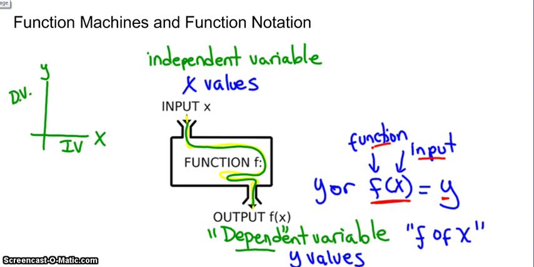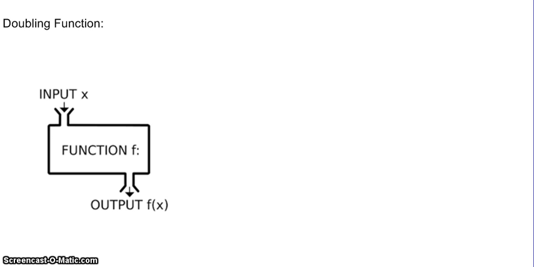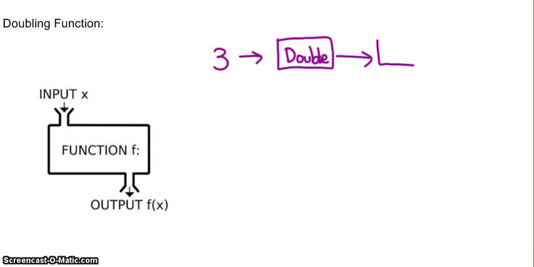Now let's actually practice some function machines. So here we have a doubling function. So we're going to practice putting a few inputs in here and see what happens with our output. So for my first one, I'm going to take the number 3, and I'm going to put 3 into the doubling function. Okay? And if I were to take 3 and double it, let's say I started with 3 candy bars, and I doubled it, I would end up with my output, which is 6 candy bars.